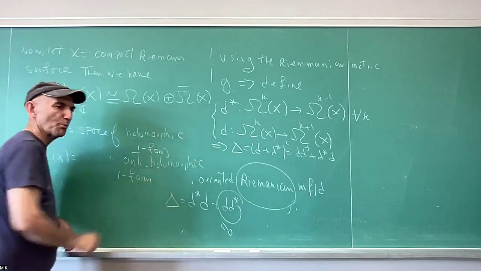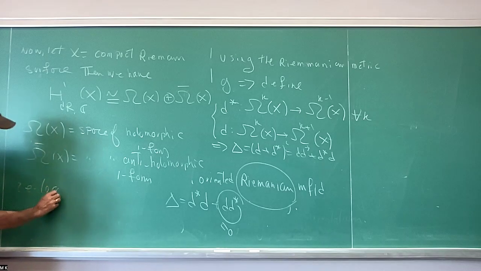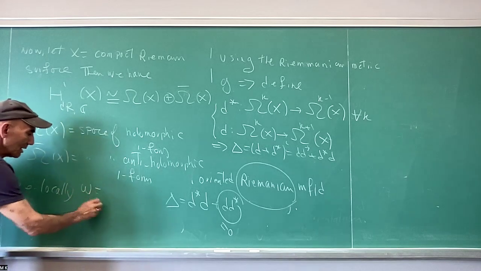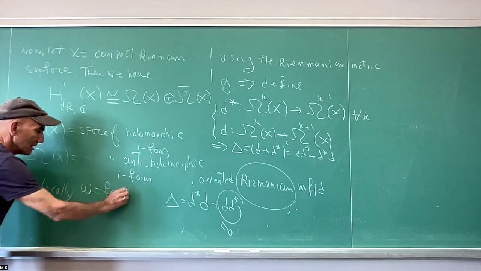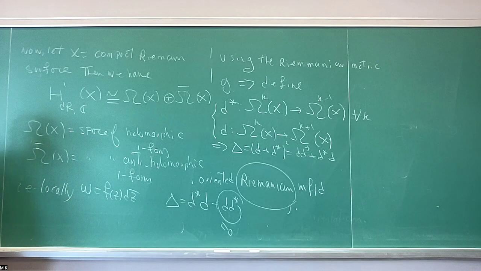What we mean by anti-holomorphic is that locally, any omega in this space can be written as f(z) dz bar.